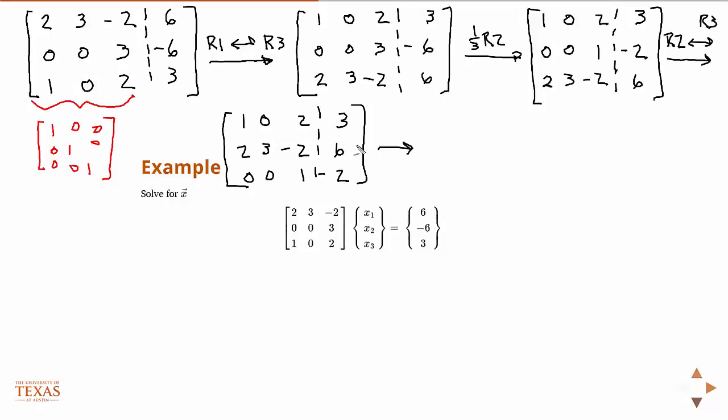So what could I do next? I need to eliminate these off-diagonal entries. Somebody give me a suggestion.